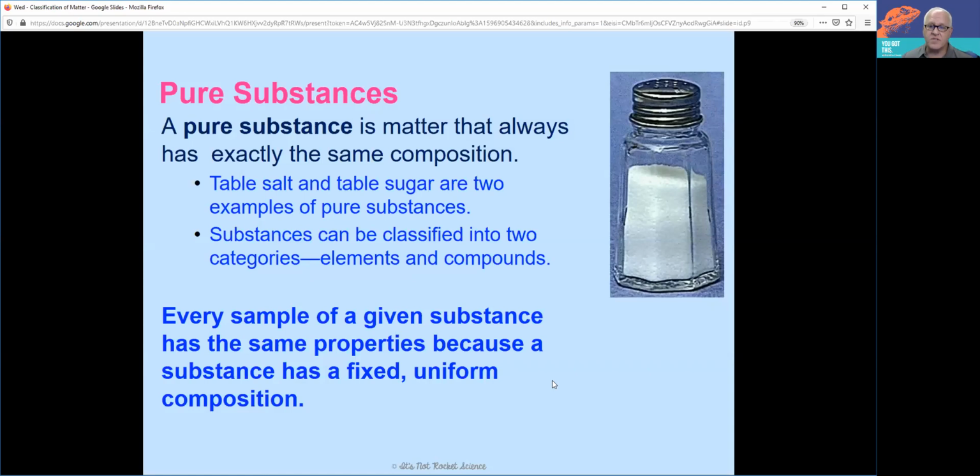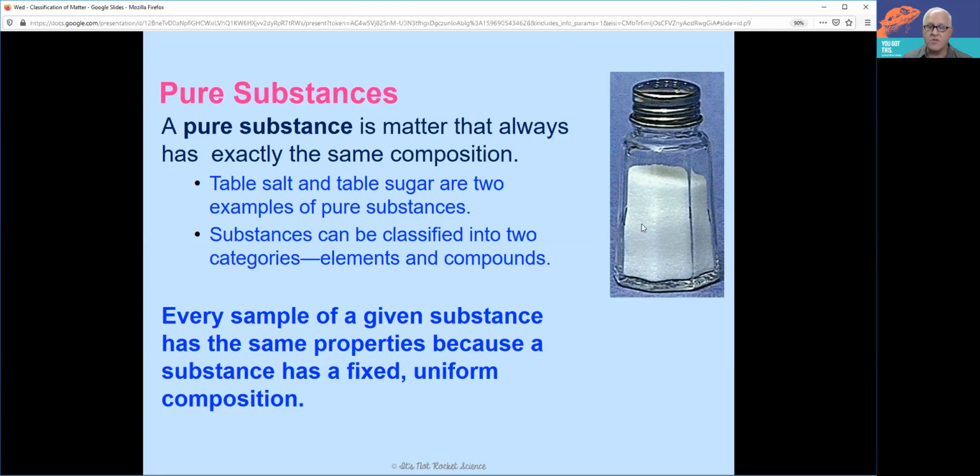Now, a pure substance is matter that always has exactly the same composition. Table salt and table sugar are 2 examples of pure substances. Once the elements that form that substance have been combined, they can be classified into 2 different categories, elements and compounds.